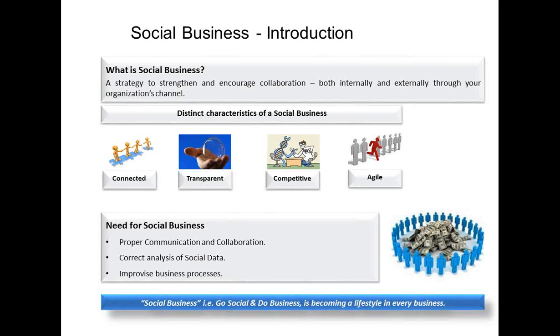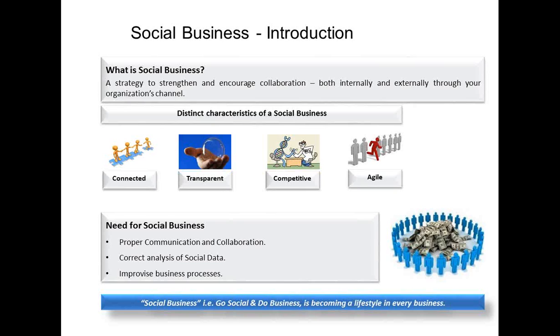For example, a company needs to think why a customer should come to me and why not go to my competitor. What value add can I provide so that I am able to retain that customer and not lose them?